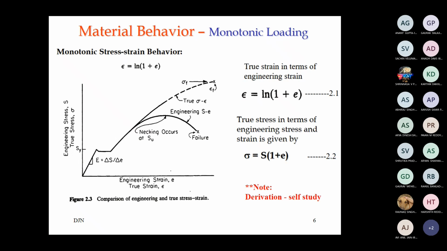In this figure, sigma and epsilon are used for the true or instantaneous parameters of the given material, whereas the symbols S and e are used to represent stress and strain in the engineering stress strain determination. So make a note of these notations also.